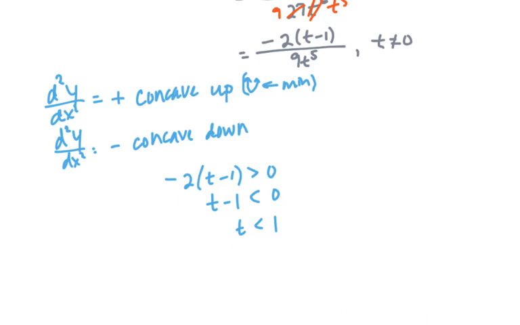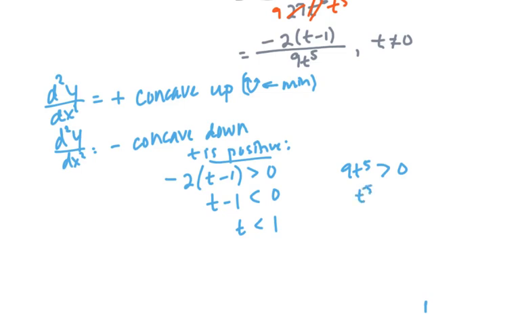Now we need to look at this is for t to be positive for concave up. And then we need to look at the numerator for the same thing, t is positive. We have 9t to the fifth. And we want to look at where t is positive.